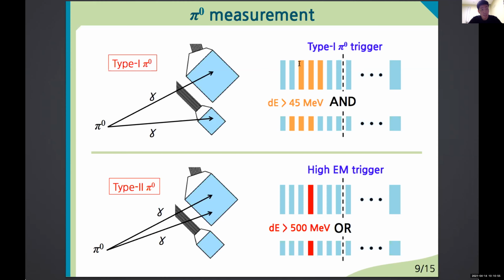It is measured by the so-called type 1 pi0 trigger, when the energy deposits of any three successive layers of both small and large towers are larger than 45 MeV. If the two photons hit a large tower together as in the below picture, it is measured by the so-called high EM trigger, when the energy deposit of the fourth layer of the small or large tower is larger than 500 MeV.